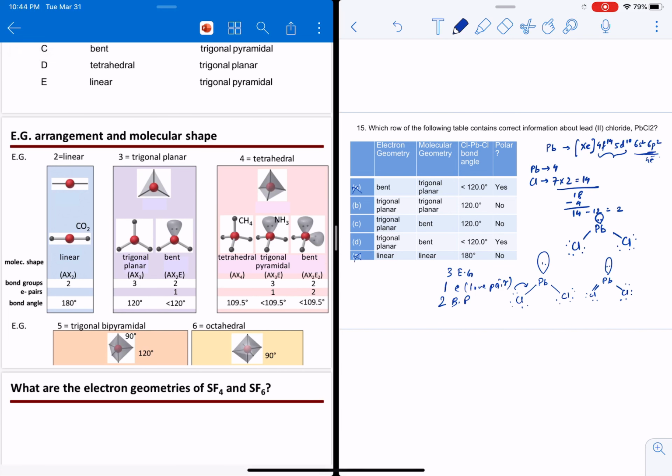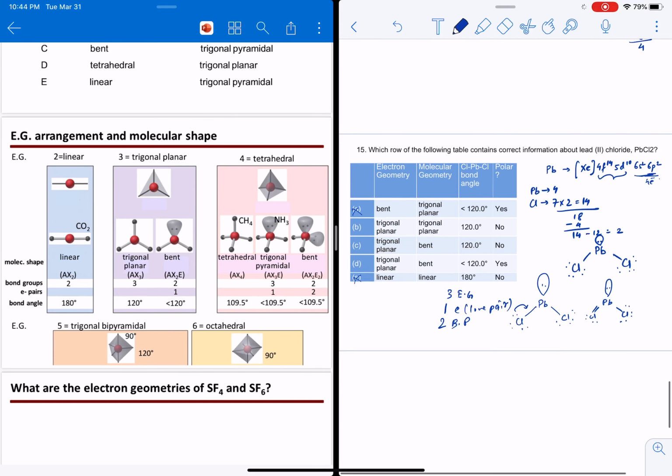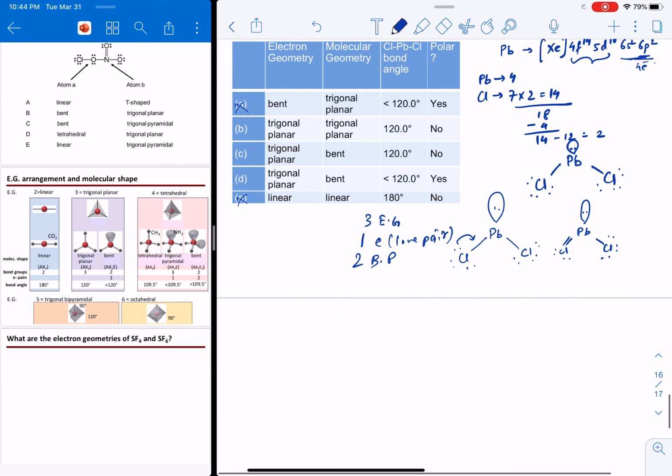So the possibilities now reduce to only C and D. Next, it says that the angle would be less than 120 degrees. Option C is saying exactly 120 degrees, so C is not the option, and the only answer is D. You don't need to check further, but let's see whether it's polar or not.